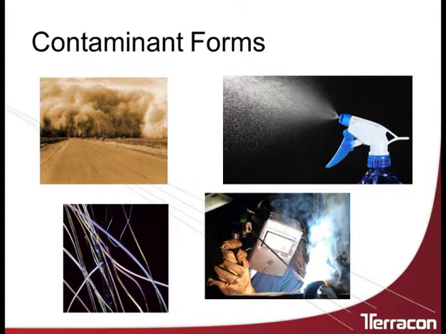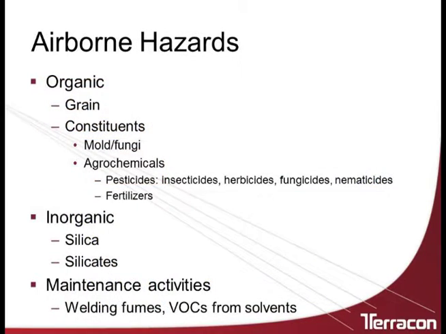Let's take a look with respect to some of the airborne hazards within the industry itself. You have those that are organic. Typically what we're talking about here was grain. Now, grain may also have some constituents associated with it. It comes in during the different phases of the farming process, bringing it in and then having it processed.